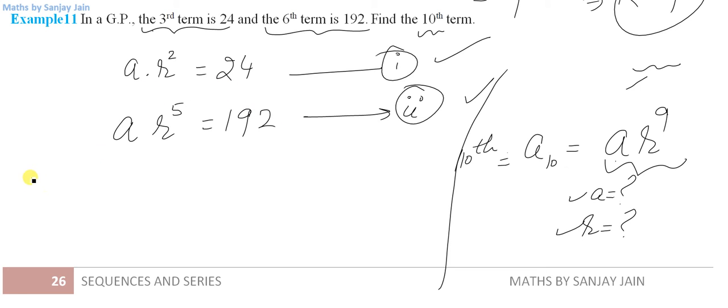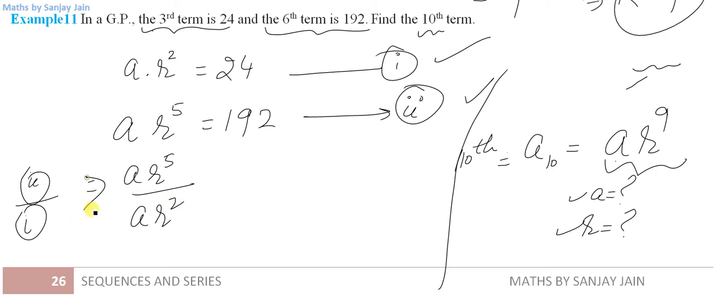If I divide the second equation by the first, what will I have? A R raised to power 5 divided by A R squared will be equal to 192 by 24. If you see, A can be cancelled and it will be equal to R cubed.